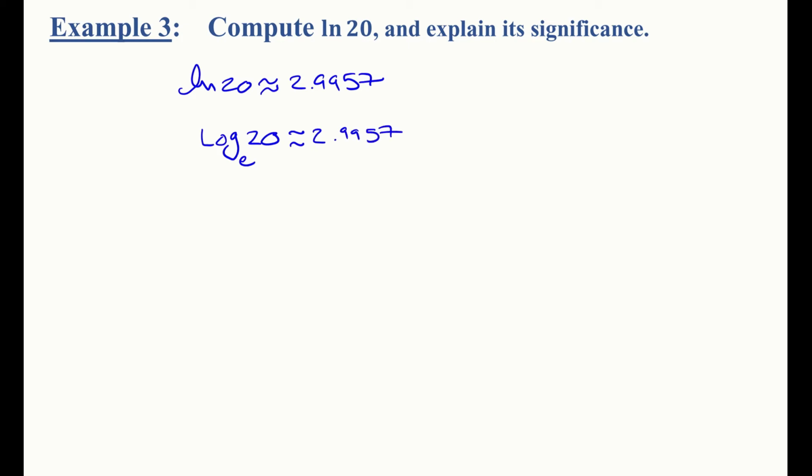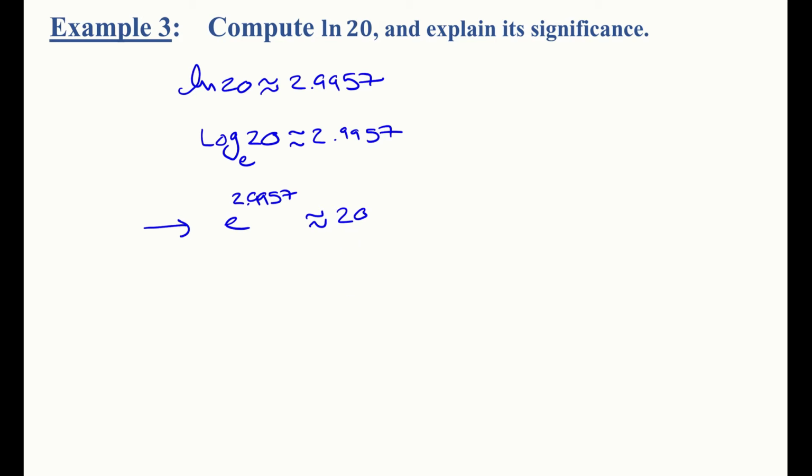So if we convert that into exponential form, we get e to the power of 2.9957 is approximately 20. So when we calculate ln of 20, we're trying to find the exponent we need to raise e to in order to get 20.